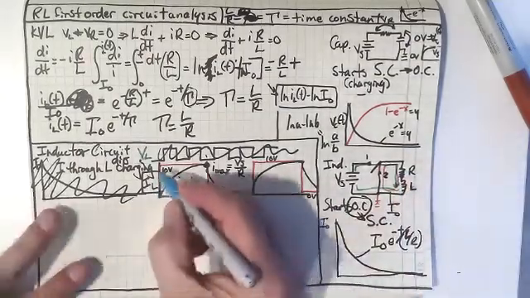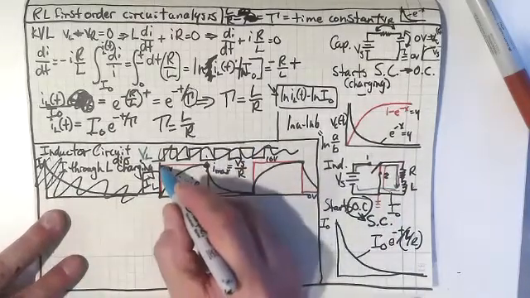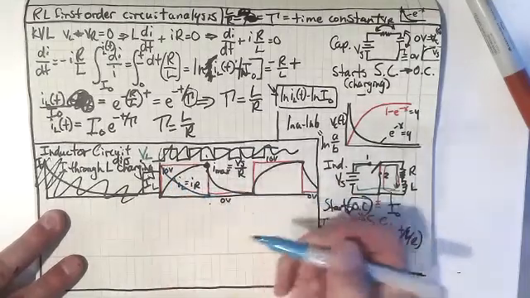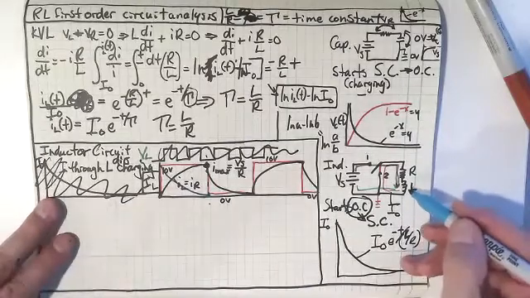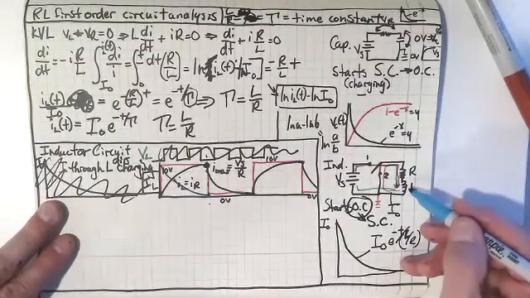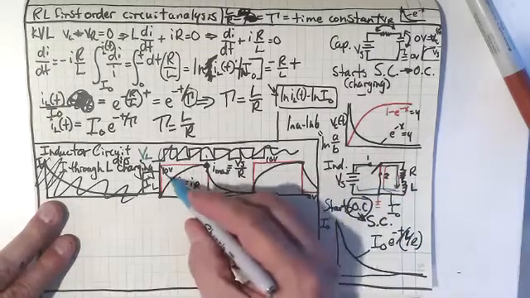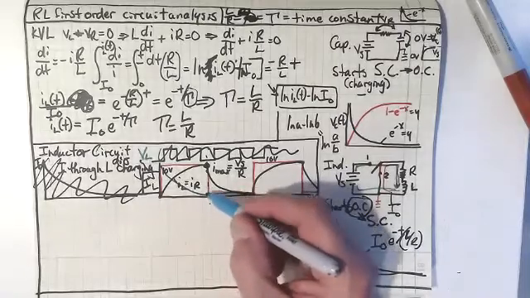So the voltage across there is going to be 10 volts. It's going to start at 10 volts, then it's going to go down to nothing, right? Because this starts as an open circuit and finishes as a short circuit. And so the voltage is going to go down to nothing, just like this.